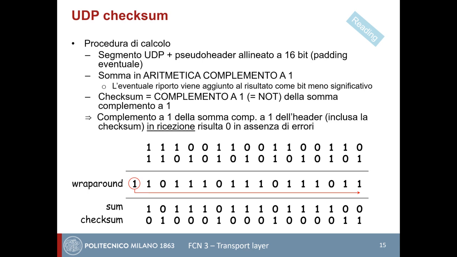That's called wraparound. And then this sum is repeated, summing all the blocks of 16 bits until there is a final result. Then the result, before being copied into the checksum field, is complemented. So it's negated: the logical negation of each bit is used.